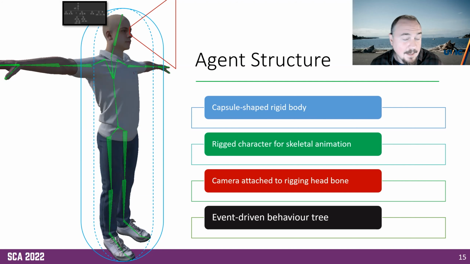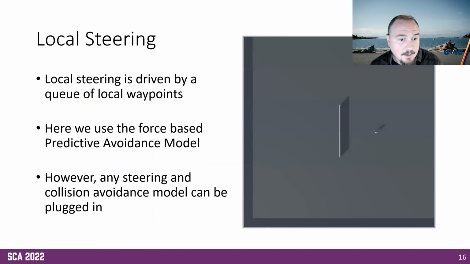That is sort of typical, but we're using event-driven on purpose, which might not be typical for your average game design. We're going to do local steering and collision avoidance. So we're going to use one of those methods that, given a series of waypoints, will tell us where to go. For this paper, we use the predictive avoidance model, PAM, by Ioannis Karamouzas et al.